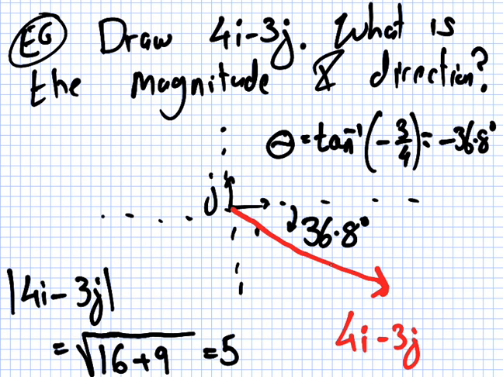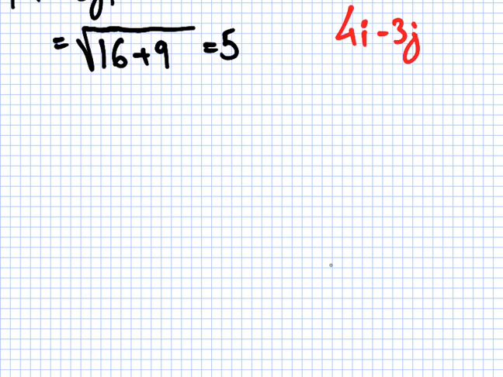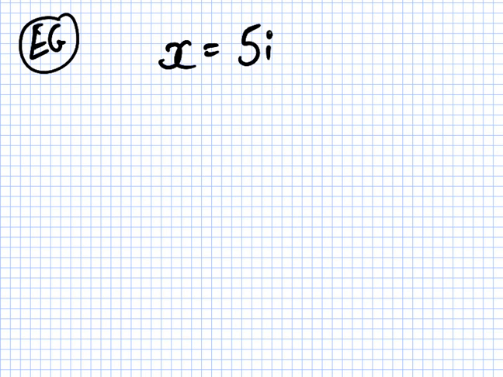Another reason i's and j's are useful is because they give us an easy way now to add vectors together. Okay, can I scroll down now? Okay. So for example, let's say vector x is 5i plus 2j and vector y is i plus j.